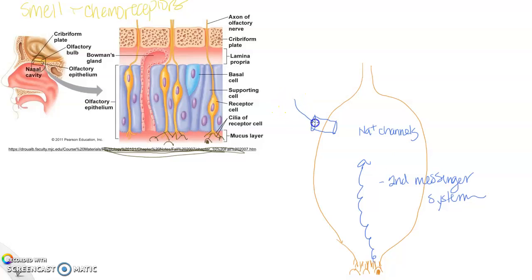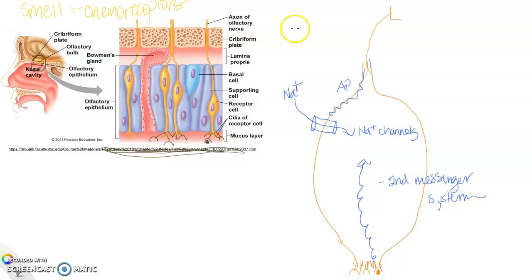Well, sodium comes in, because that's what sodium does in a membrane, because of course there's more sodium outside than in. So it flows in, and that changes the potential on the membrane, creating an action potential. So this action potential goes up the neuron, the bipolar neuron. Remember, bipolar neurons are specific to special senses.